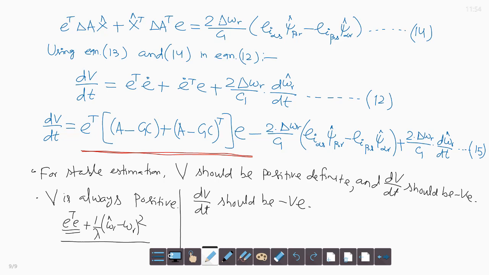As you can see, the first term, that is if the observer gain matrix is designed properly, the matrix A minus GC plus A minus GC transpose has eigenvalues in negative real part. So, it will ensure the error decays to 0.